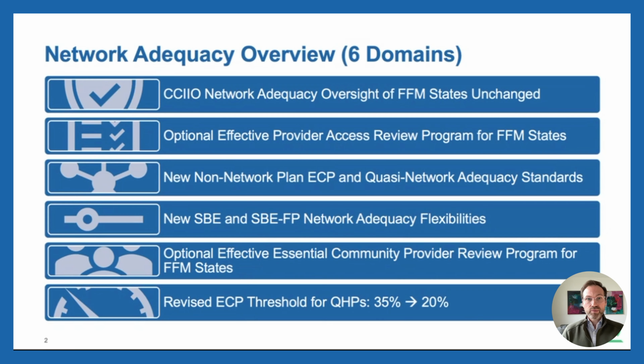So this is a program similar to the one I talked about with the network adequacy program, where states can opt in and conduct their own ECP reviews in place of CCIIO. And then finally, there's a revised ECP threshold. So QHPs are moving from 35% of available ECPs to 20% of available ECPs.